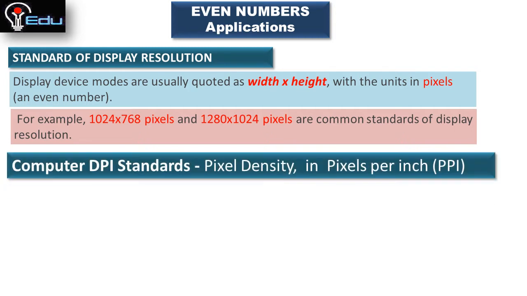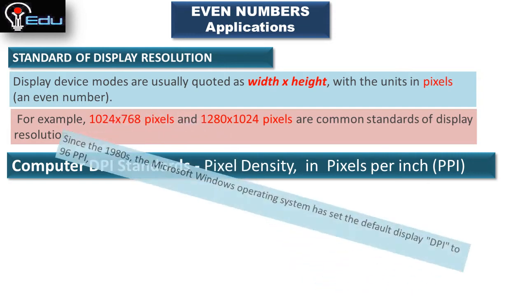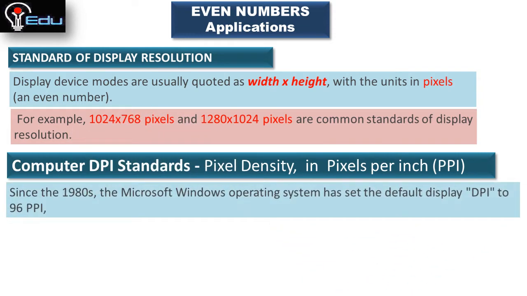And now computer DPI standards. DPI means dots per inch, so also called pixel density or pixels per inch, PPI. So since the 1980s, the Microsoft Windows operating system has set the default display DPI to 96 PPI. So pixels per inch, 96 pixels per inch, the MS Windows operating systems.